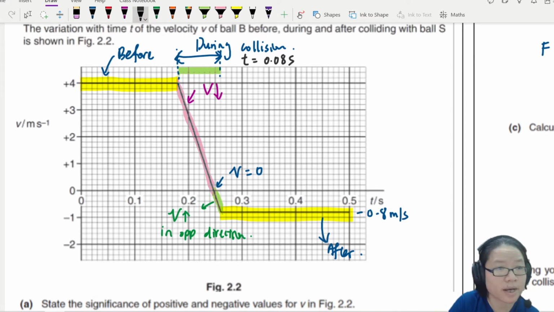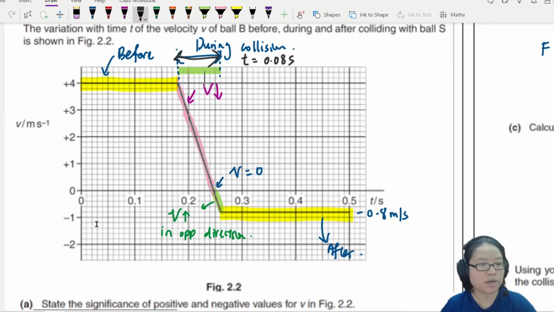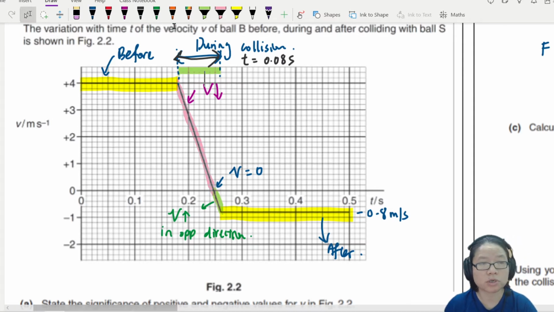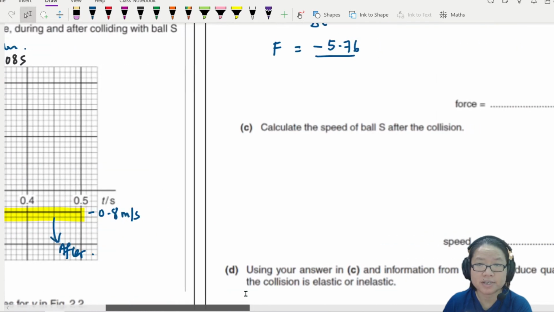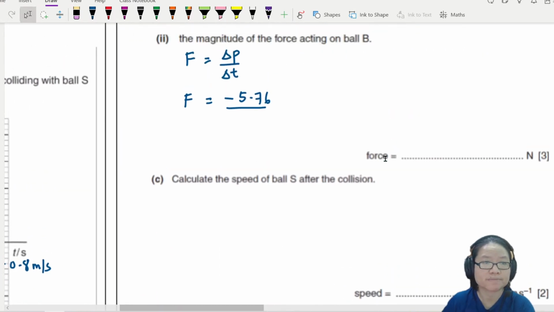Okay, the time from here to here, 0.08. I'm going to pop that into the equation because this is the time taken for the momentum to change from positive 4 velocity to negative 0.8 velocity.